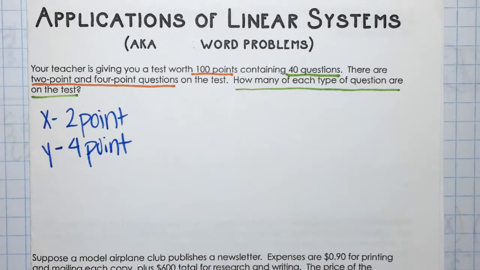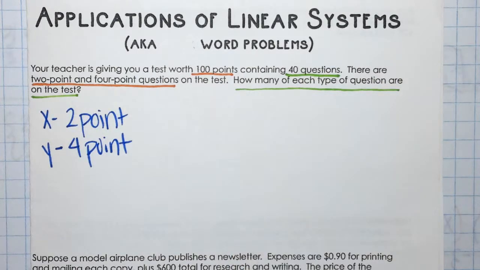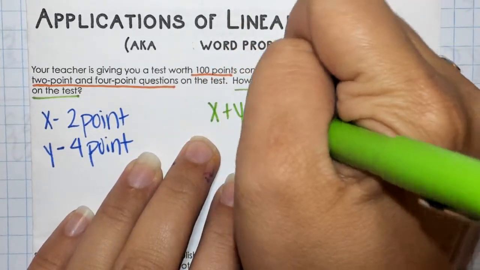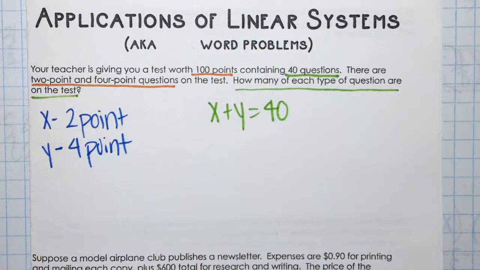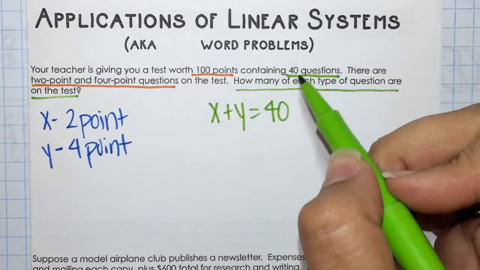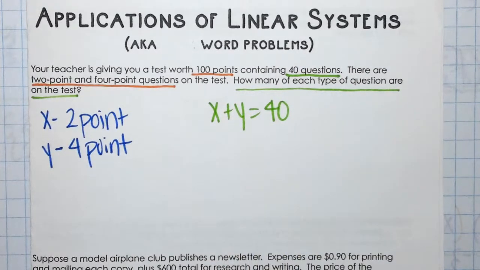So how many types of questions do I have? 2. And they're called X and Y, right? What would I do with those 2 types of questions to get 40? I would add them. So I would say X plus Y equals 40. It's in green. Does everybody understand? 40 questions. We have 2 types, so X plus Y equals 40.